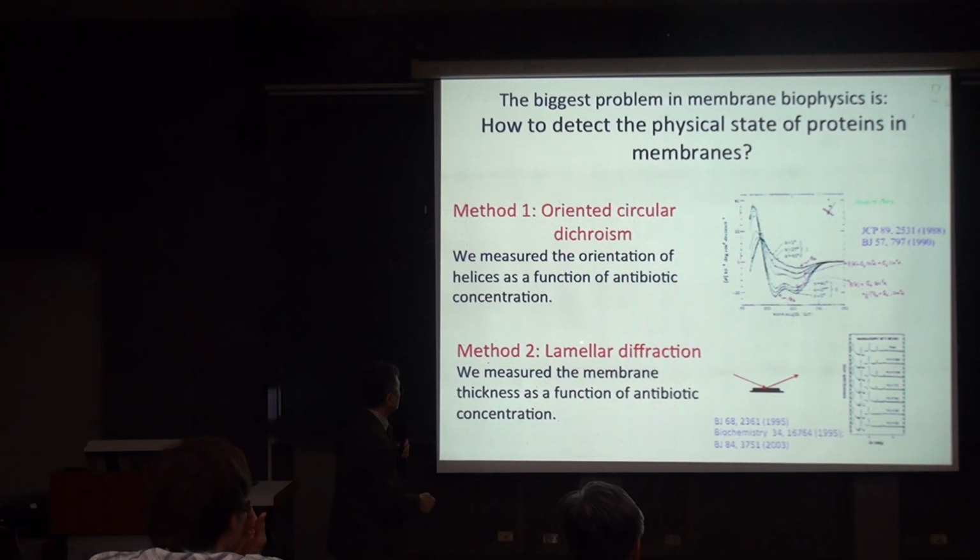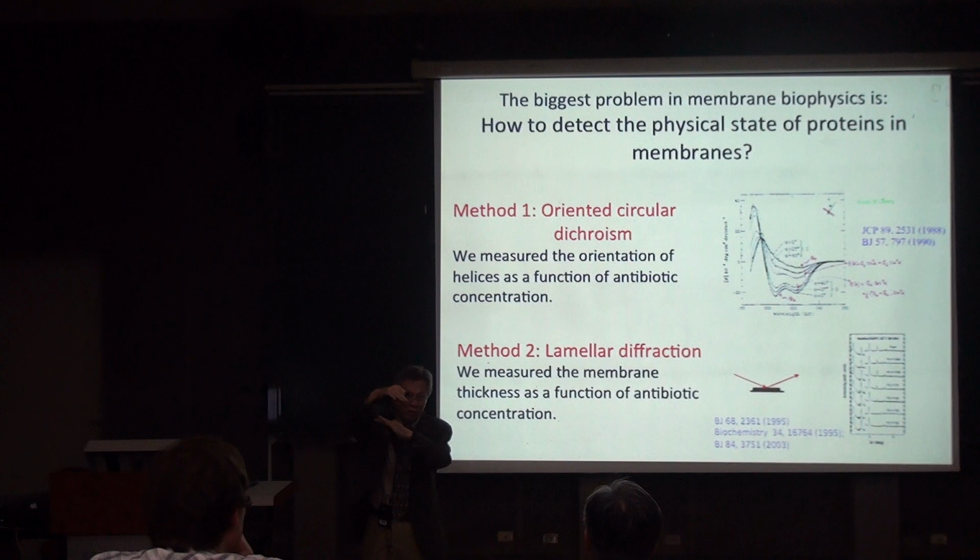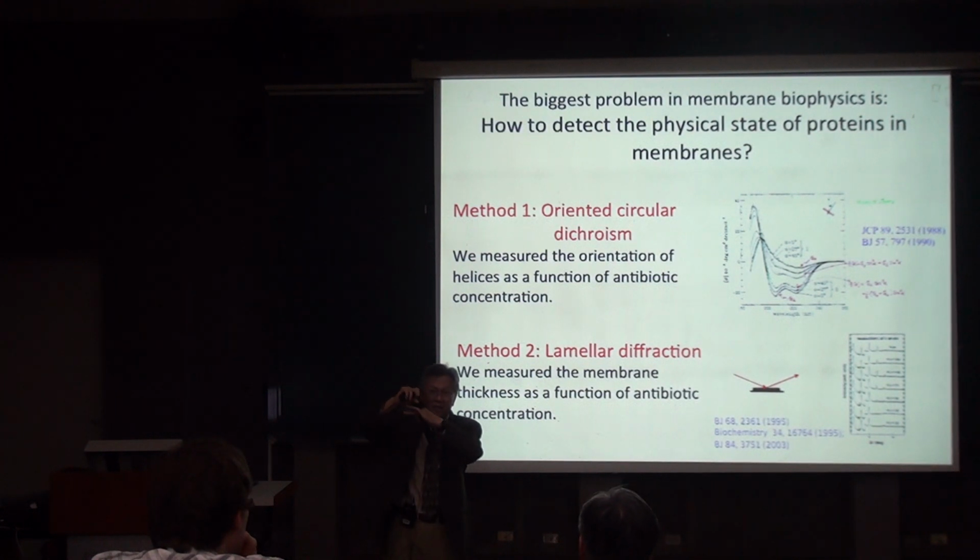We also use X-ray diffraction to measure the membrane thickness. Remember that antibiotics make the membrane area expand because they touch the interface and expand it. Then the chain in between, the barrier, has to be stretched and must become thinner.